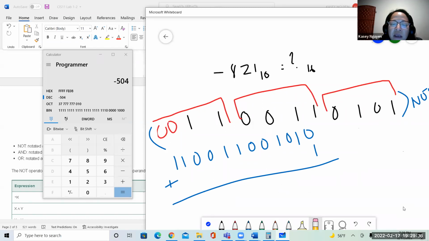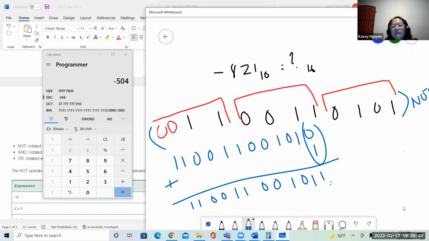Okay, so that will be 1, 1, 0, 0, 1, 1, 0, 0, 1, 0, 1, 1, right? Because this is just going to add and put it here. So now we have the 2's complement of the binary after we convert.